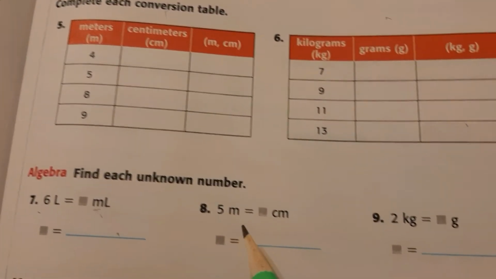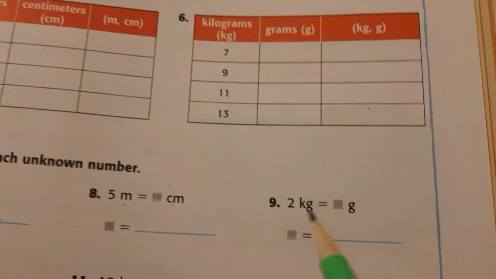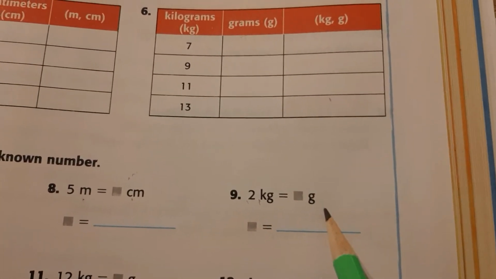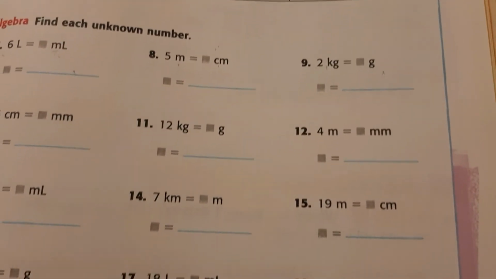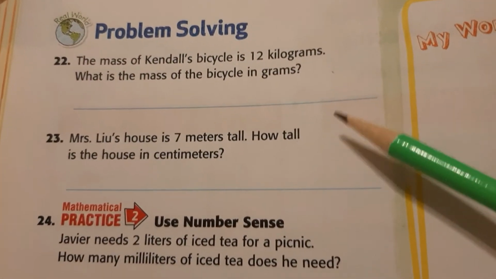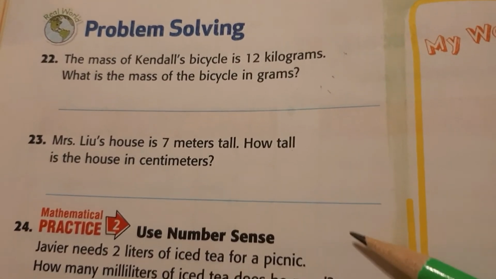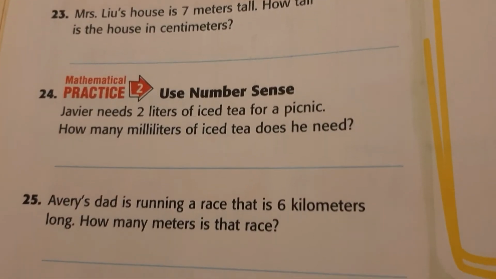Milli is 1,000. 5 meters is how many centimeters? That's 100. 2 kilograms is how many grams? You're going to do the whole page, all right? And over here, you have some word problems. You just look at it and write your equation here and write your answer.